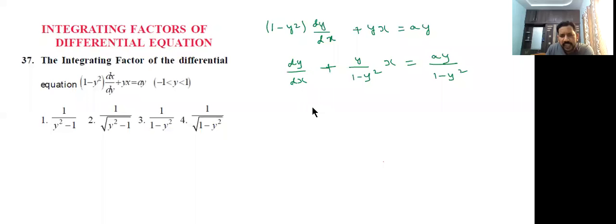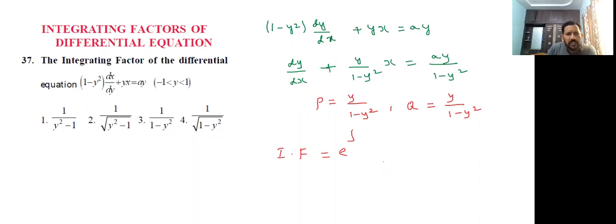So what is the integrating factor here? First identify the p and q values. P is equal to y by 1 minus y square, and q is y by 1 minus y square.